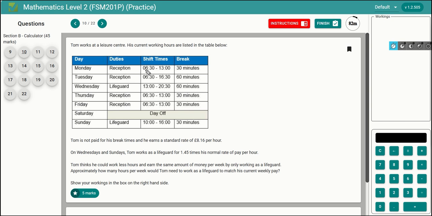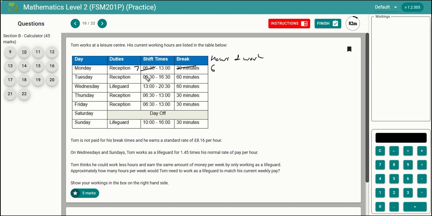So working from 6:30 till 1 o'clock with a 30-minute break is the same as working from 7 until 1300 or 1 o'clock with no breaks. So how many hours of work is that? Well, 13 take away 7 is 6 hours. So that's 6 hours. So I'll just make a note here, hours of work.